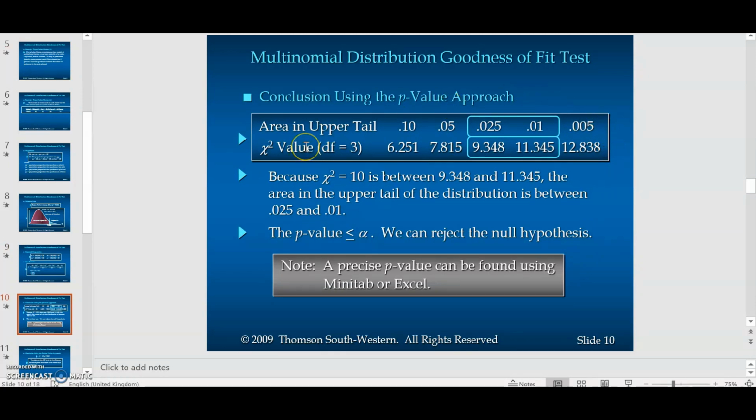Apart from using the chi-square distribution table, we can also estimate the actual p-value using an online calculator. If you look on Google, there are various online calculators that can help you determine the p-value based on a certain chi-square test statistic with certain degrees of freedom.